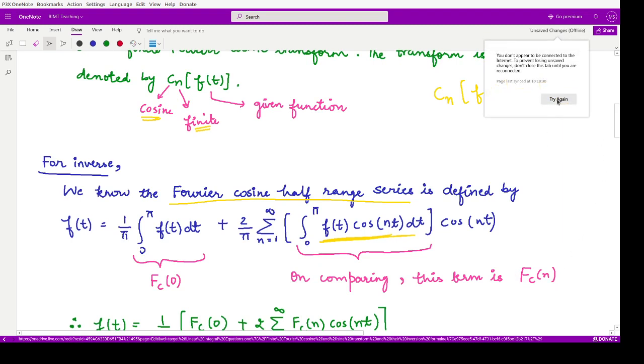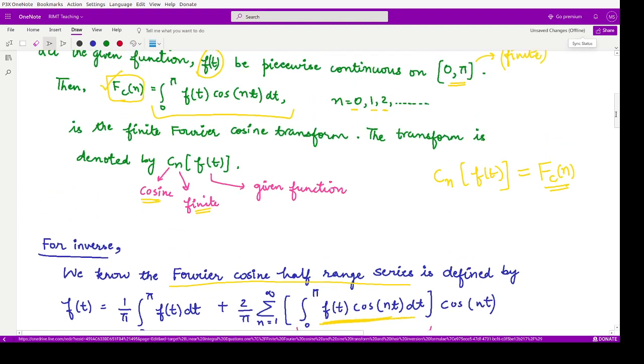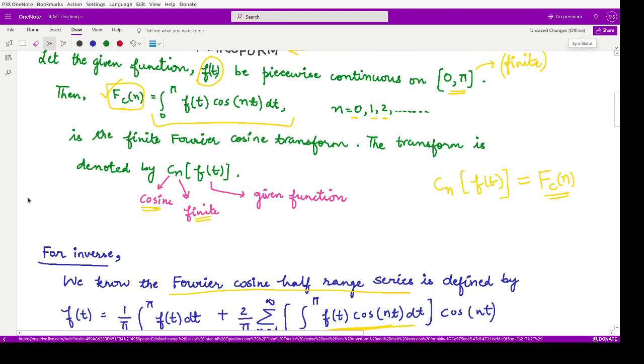Moreover, consider this first term. Fc of 0, what would that be? In place of n, we have Fcn defined like this. So if you substitute n equal to 0 into this expression, you would have integration from 0 to pi f of t as such cos of 0t dt, and cos 0 we know is equal to 1.